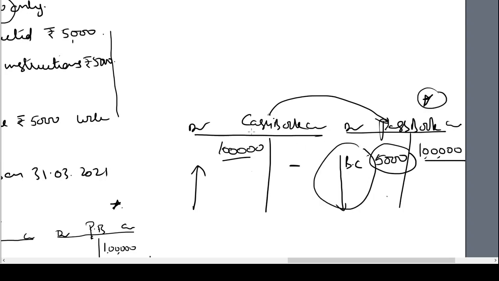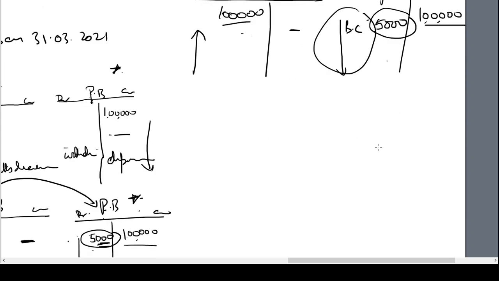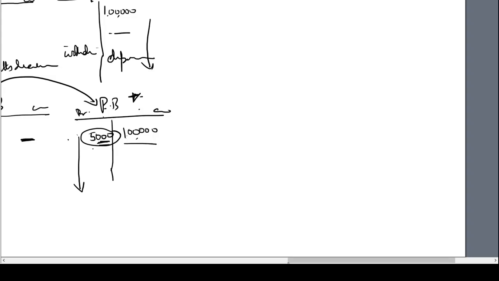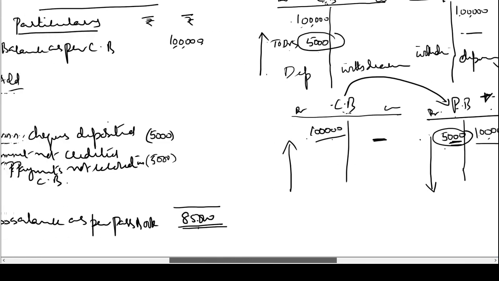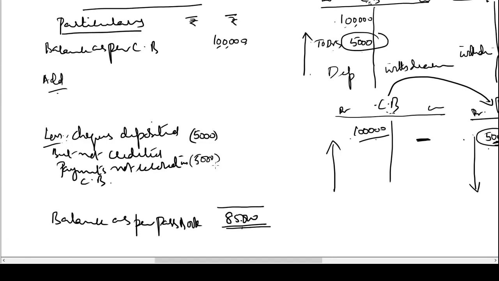That means to make cash book equal to the passbook, I have to reduce the cash book balance by 5,000 rupees. So I'll write here: bank charges not recorded in cash book.